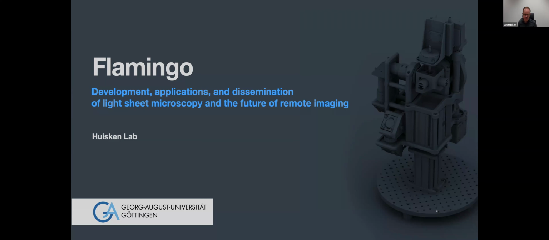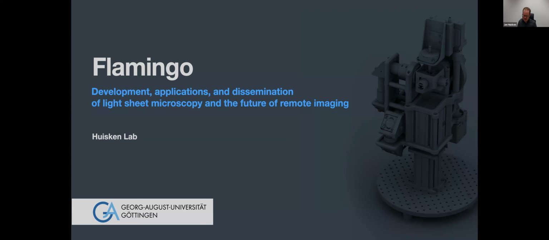It's not just a small little portable microscope that we like to share with other people, but it's really a high-end instrument that we use every day in my lab. It's our workhorse, but it happens to be portable, and that opens up a lot of possibilities that we had never imagined, really.